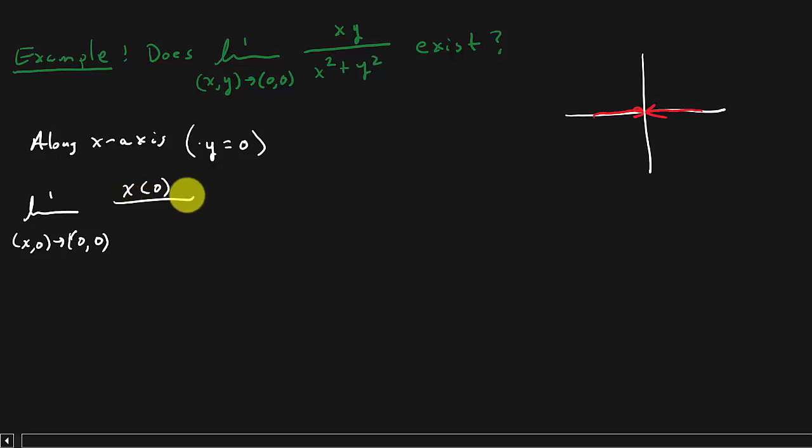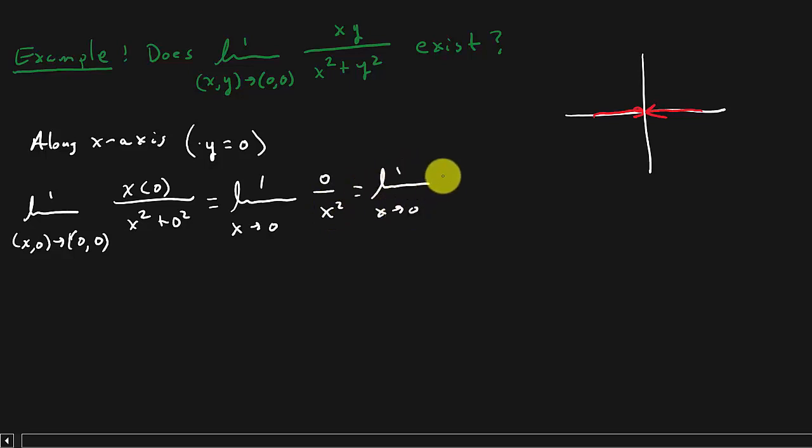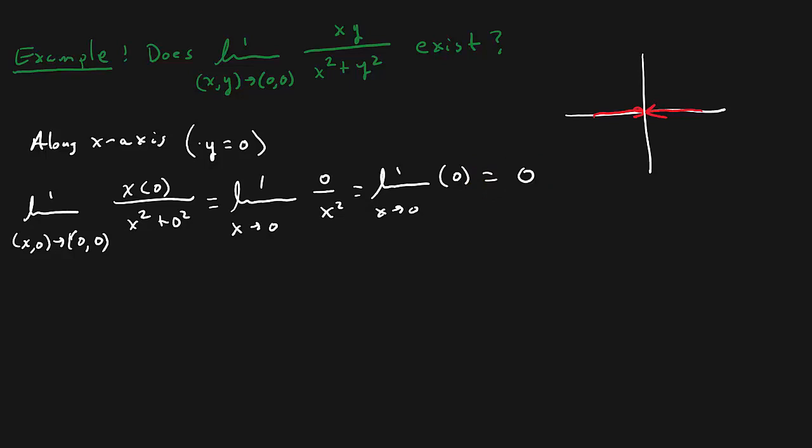We're plugging the 0 in for y because y is 0 along the x-axis. Over x squared plus 0 squared, which is the limit. And you can see we're just in terms of x. x goes to 0 of 0 over x squared, which is the limit as x goes to 0 of 0, which is 0. All right, so the limit along the x-axis is 0.